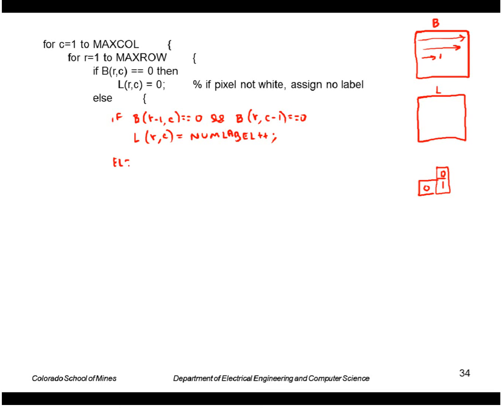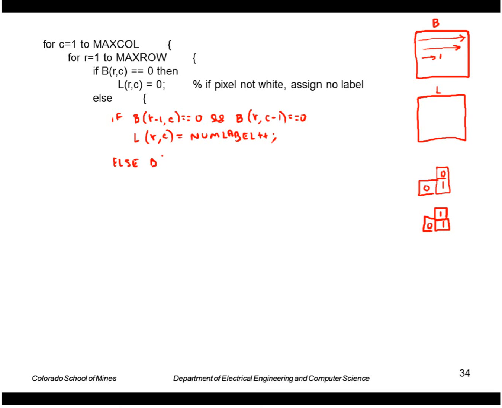So another situation would be if I'm at a 1, my previous point is also a 1, my left point is a 0.